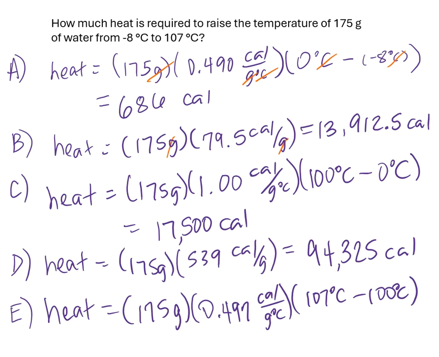We can't have a change of 107 minus -8, even though that is technically the overall change in temperature. But we have to think about the different phases, and because there's different energy and heat associated with each phase, we have to consider which phase we're in.